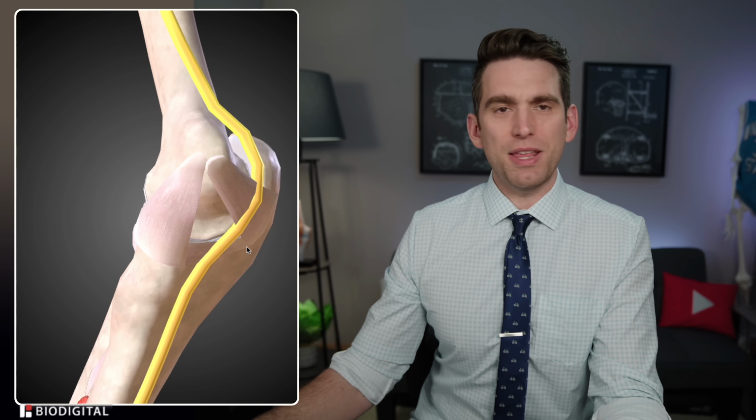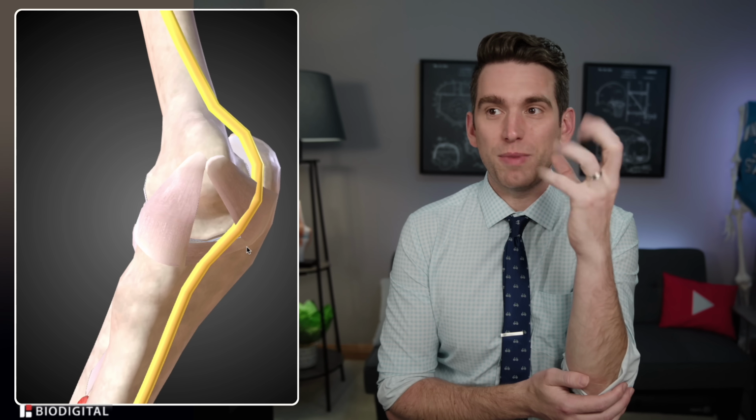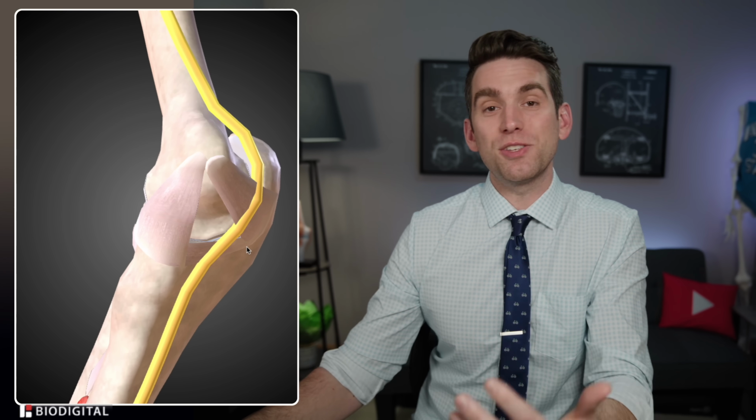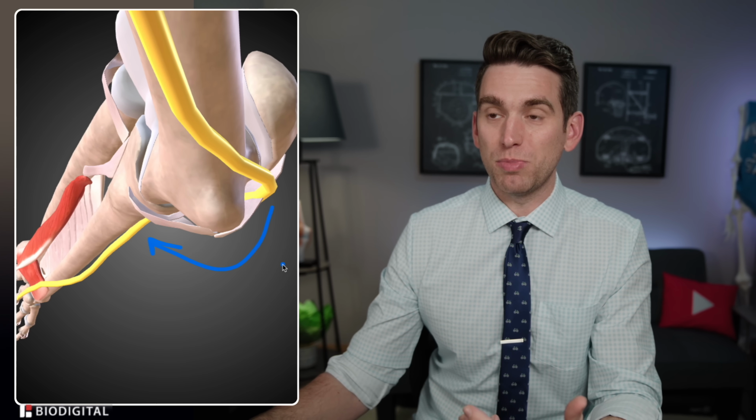The other thing you'll notice here is this big yellow structure going through this area, and that's the ulnar nerve. It runs right here through the medial portion of the elbow. You might think of it as your funny bone nerve. It's the nerve that, if you bang the inside of your elbow on the table, makes your hand feel all tingly. That's the nerve that can become irritated in throwers. Sometimes it becomes irritated because it actually snaps out of place and rubs over this bony prominence.